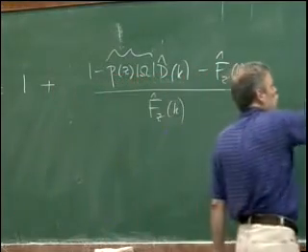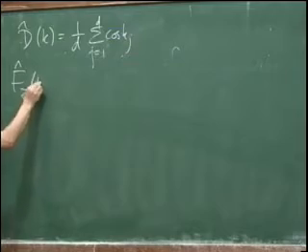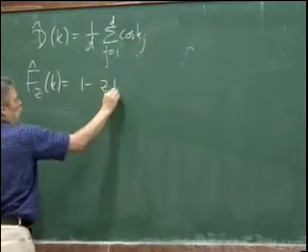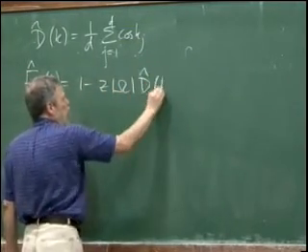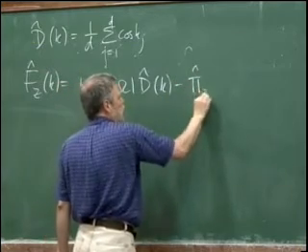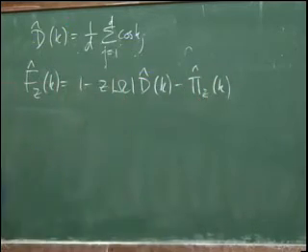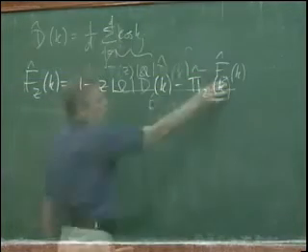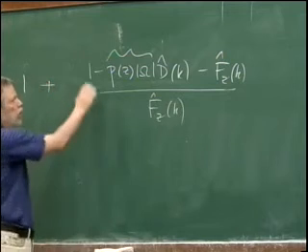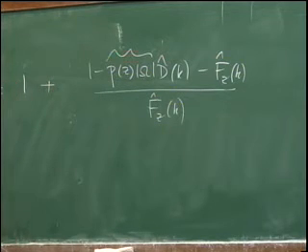So f hat z of k is 1 minus z omega d hat of k minus pi hat z of k. So if you write down that this is what f is, and then you do the arithmetic in the numerator, the 1's cancel and some other stuff cancels.